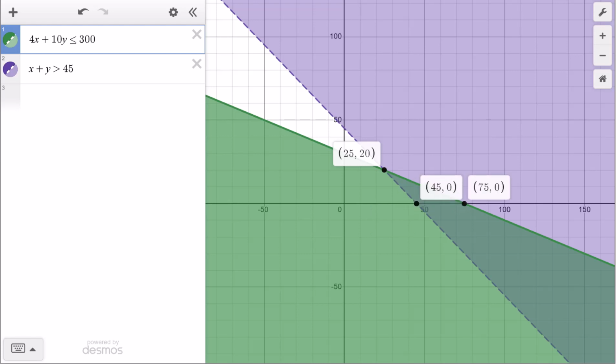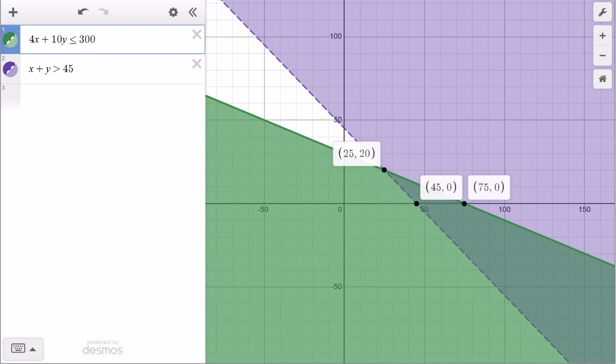So here you can see that the intersections of the two graphs provide an overlap, and we always assume that this has to be bounded by x is greater than 0 and y is greater than 0, because otherwise it just doesn't make sense in real life.